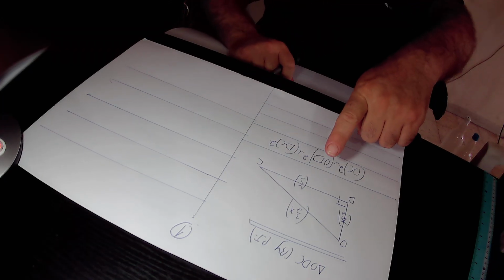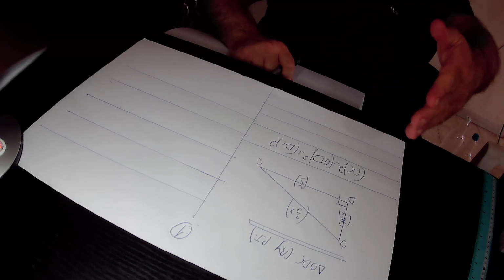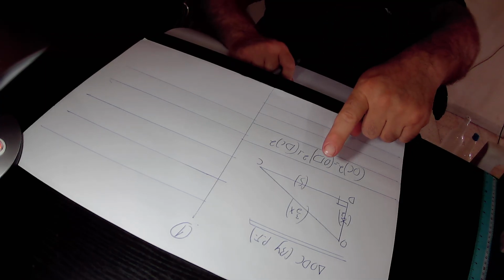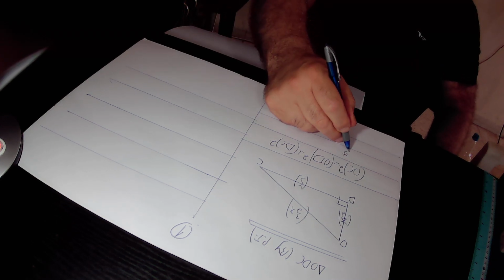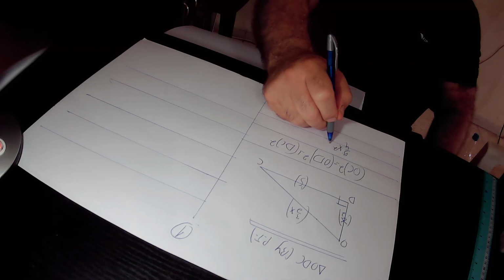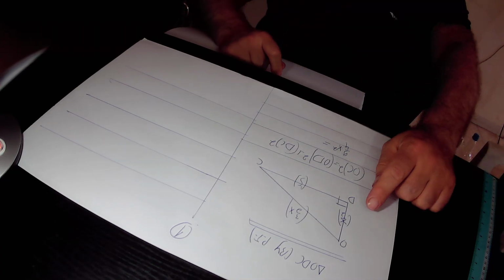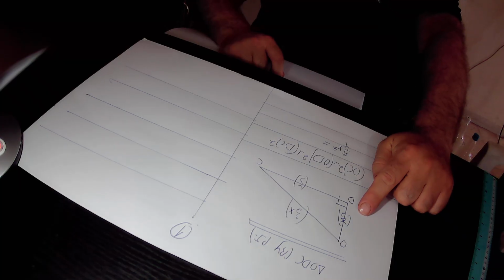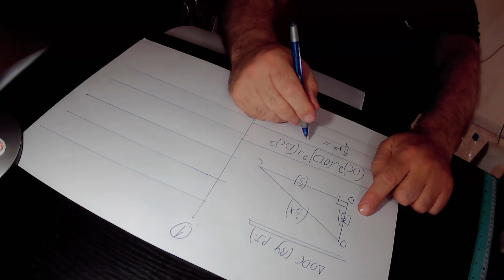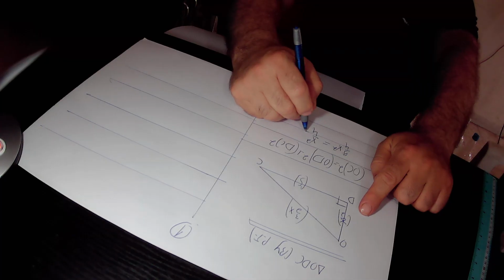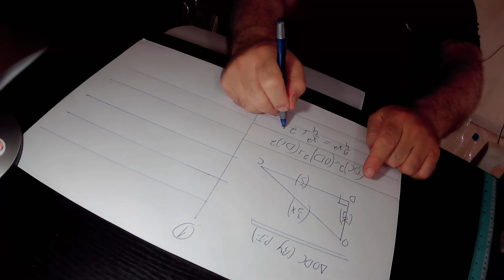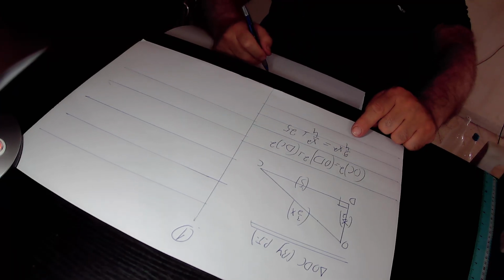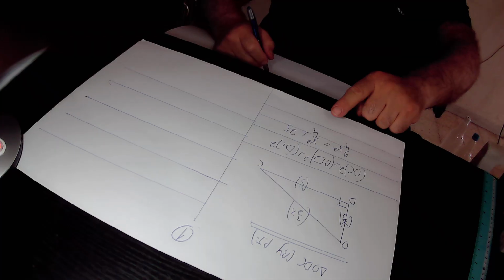OC is 3 over 2 times x, therefore OC squared is 3 over 2 times x, squared, that is 9 quarters times x squared, and it equals OD squared plus DC squared. OD is x over 2, therefore OD squared is x squared over 4, plus DC squared. DC is 5, therefore DC squared is 25. So 9 quarters x squared equals 1 quarter x squared plus 25.